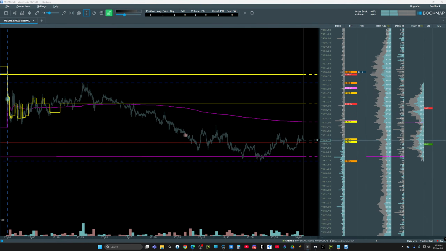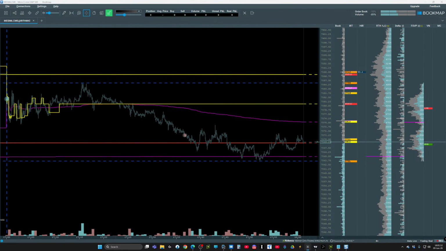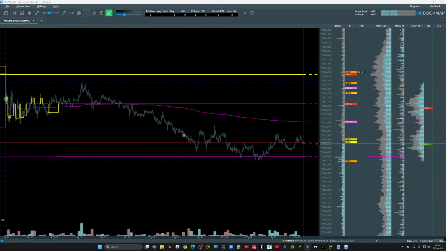Now what happens? Well, we have 100% probability that we're going to take out the IB high first if the IB low was put in first, or the OR low. In this case, it was not. So there's a 66% probability that we're going to take out the opening range high first.